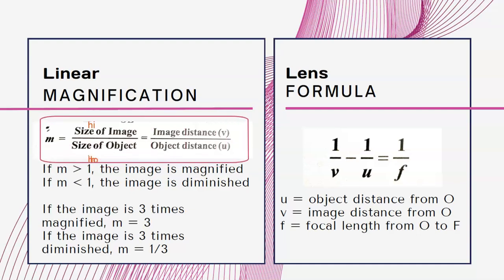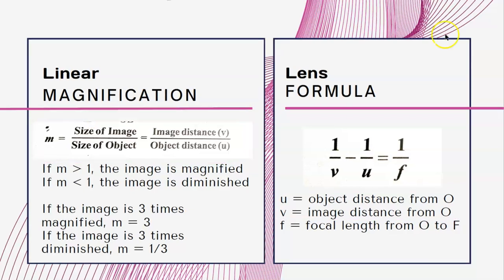M is equal to HI upon HO and M is equal to V upon U, where U is the object distance, it's mentioned here on the right hand side, where U is the object distance from O and V is the image distance from O. Hi is the height of the image, Ho is the height of the object.